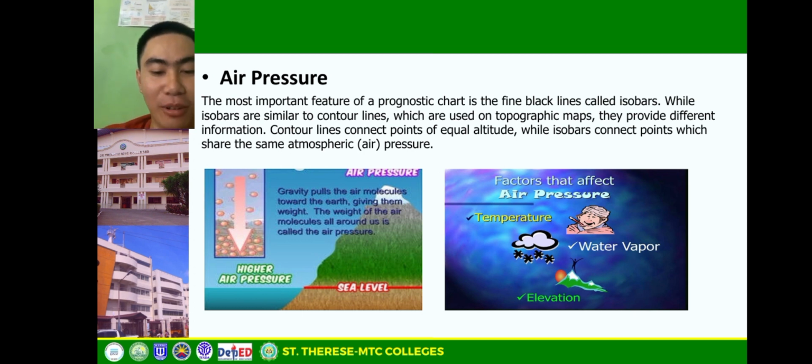Contour lines connect points of equal altitude, while isobars connect points which share the same atmospheric air pressure. The closer contour lines are, the steeper the slope is, and the closer isobars are, the stronger the winds are. Air pressure is essentially the weight of the air.